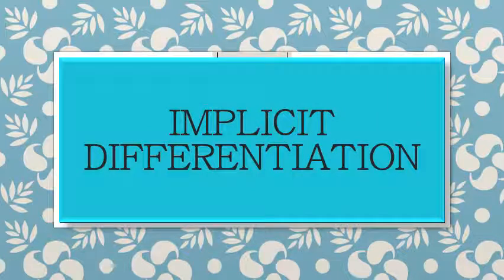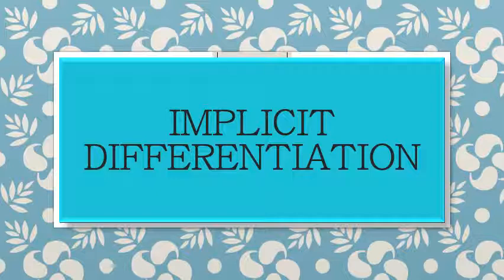So the next topic on the derivatives of some trigonometric function is the implicit differentiation. The process of finding the derivative of a function that is defined implicitly is called implicit differentiation.